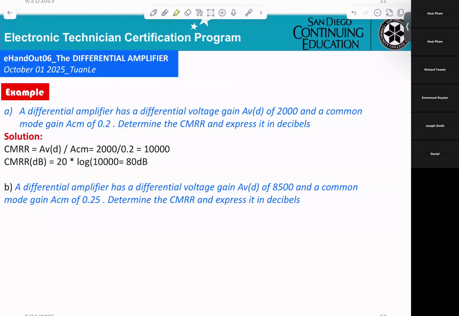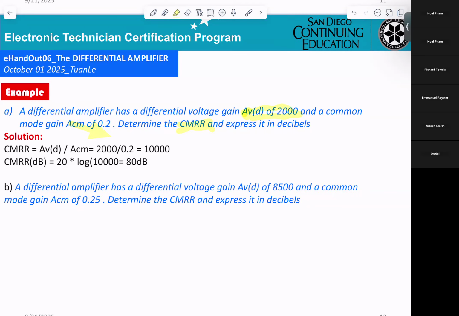Okay, example. A differential amplifier has a differential voltage gain of 2000 and a common mode gain of 0.2. They want to know the CMRR. So CMRR is AVD divided by ACM.